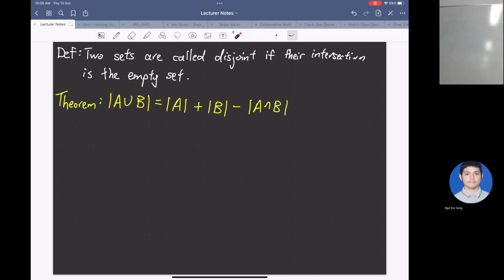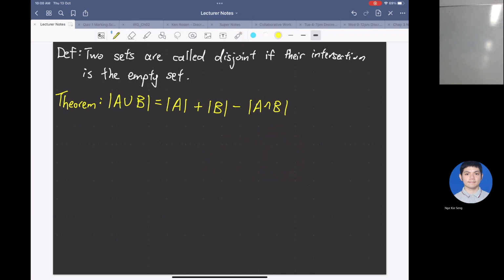So if the two sets are disjoint, then this is 0, right? So if you take the union of two sets, it's just adding up their cardinalities. But if the intersection is non-empty, then you will have added an extra intersection, so you need to take it away.